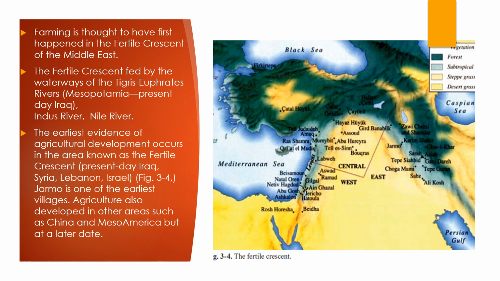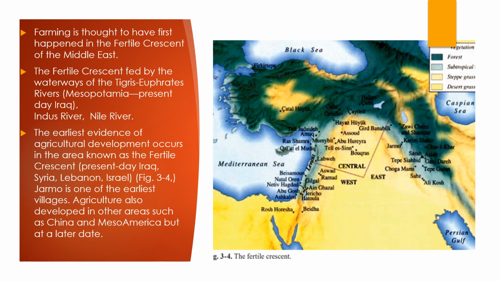The farming is thought to have first happened in the Fertile Crescent of the Middle East. The Fertile Crescent is fed by the waterways of the Tigris and Euphrates rivers, which is present-day Iraq, the Indus River, and the Nile River. The earliest evidence of agricultural development occurs in the area known as the Fertile Crescent.